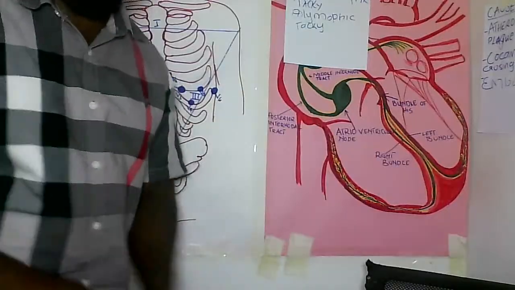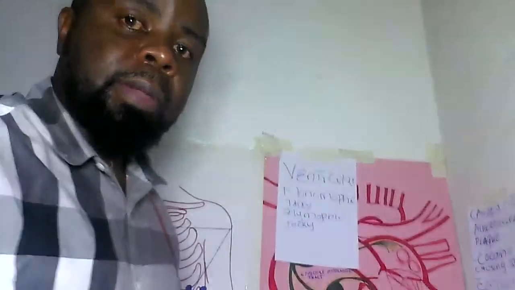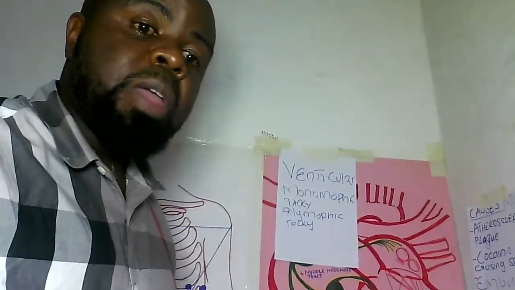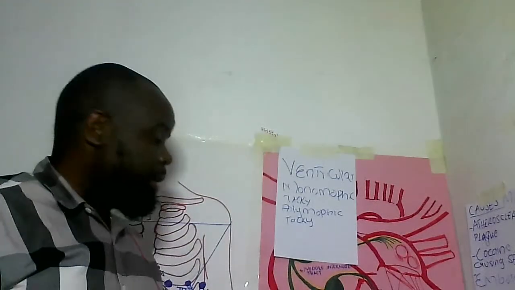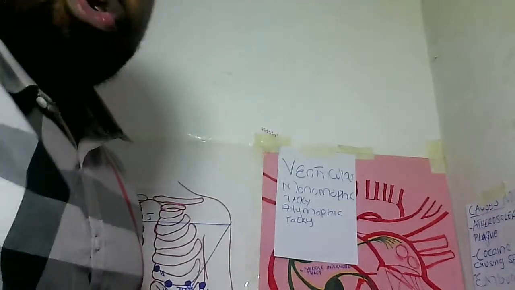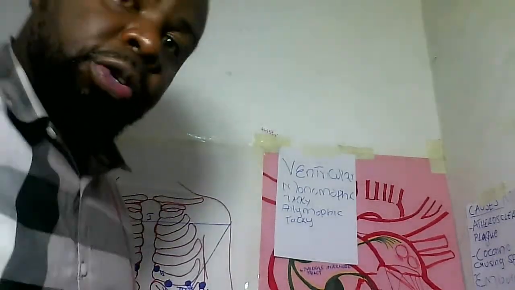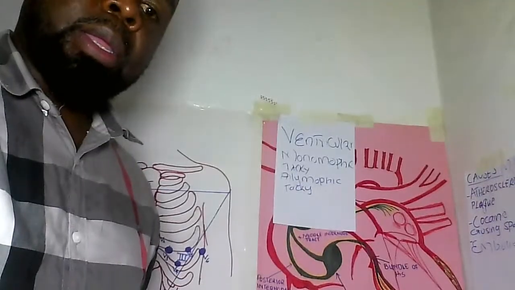This is a sign that you may be having a problem, like your muscles may be having ischemia. And you know ischemia is lack of oxygen. Sorry, these lights are bringing chaos.